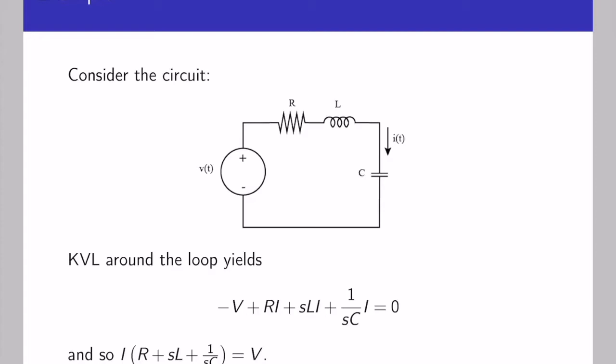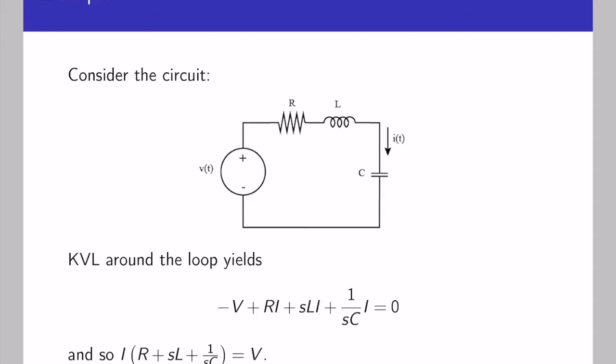Let's consider an example. Here's a circuit with one independent voltage source, V(t), which varies with time. We've also started using lowercase letters to represent those voltages and currents that vary with time. So we have a voltage source, a resistor, an inductor, and a capacitor all in series.